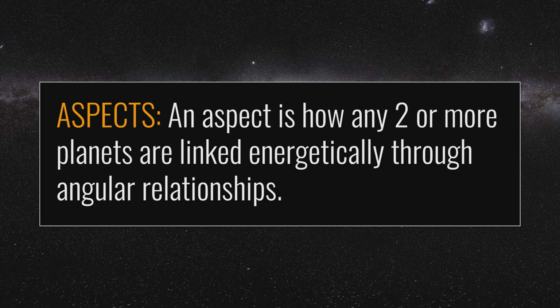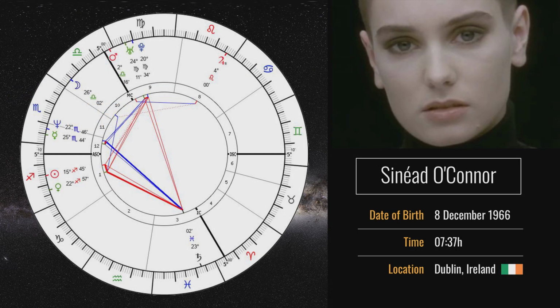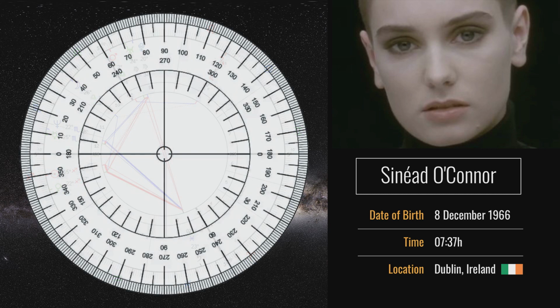Yeah, so aspects are how any two or more planets are linked energetically through their angular relationships. And so if you imagine there's 360 degrees in a circle, and that's what an astrology chart is, a circle.